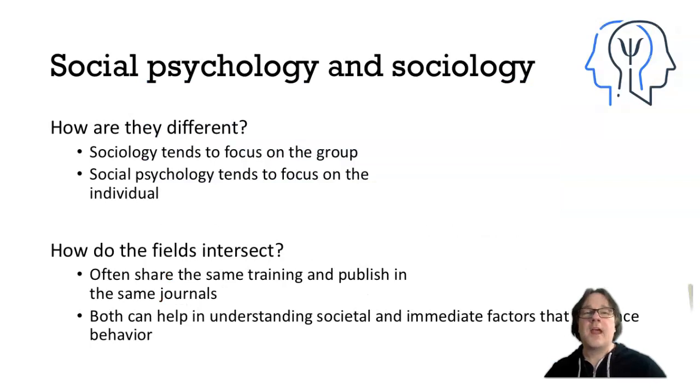Okay, so how is social psychology similar and different to some of the related fields? Well, let's start off with comparing social psychology and sociology. I will start with this because there's often a lot of similar interest in topics. It's just the way that these topics are approached are different, depending if you're taking a social psychological approach or a sociological approach.